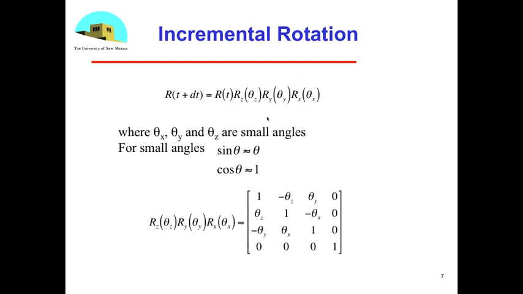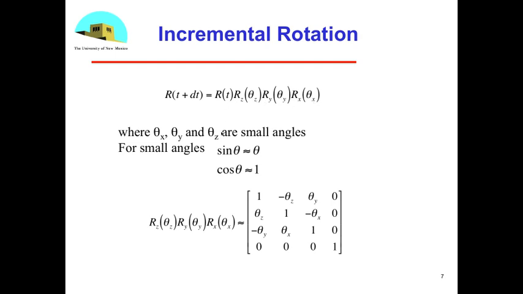So then I can go one step further and say, what if these angles are very small, because I don't want to see the rotation about x followed by y followed by z to get me where I want to be. I want very small angles for x, y, and z.